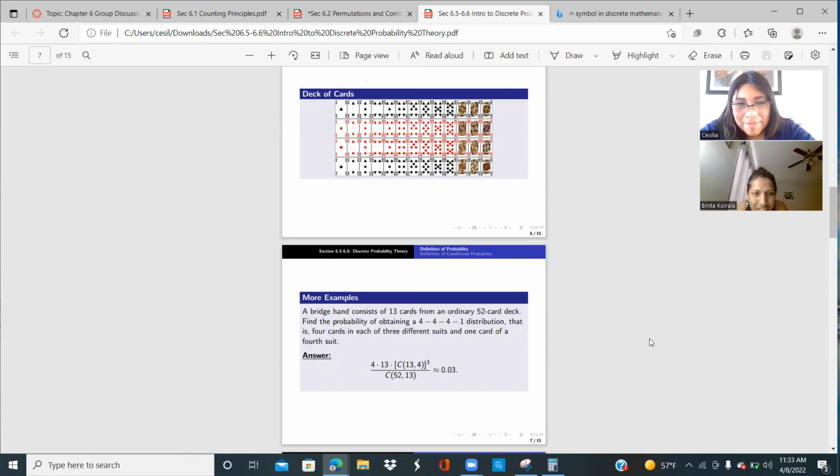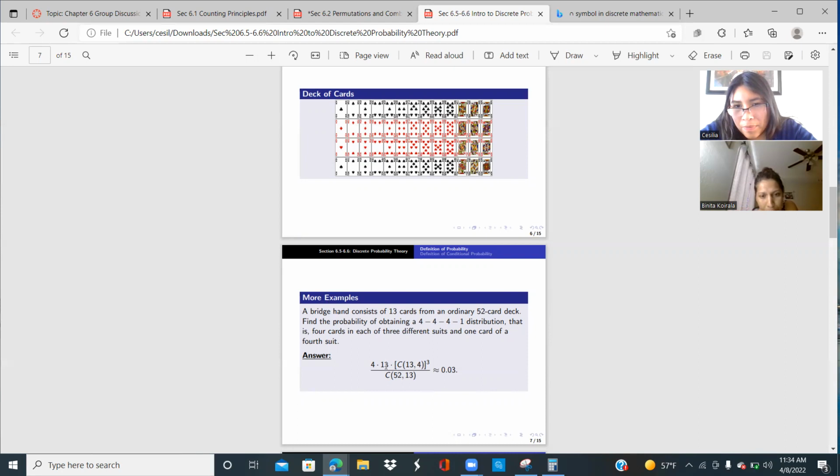A bridge hand consists of 13 cards from an ordinary 52 card deck. Find the probability of obtaining a 4-4-4-1 distribution, that is, 4 cards in each of 3 different suits and 1 card of a fourth suit. The answer here is 4 of each one, and 13 in total.